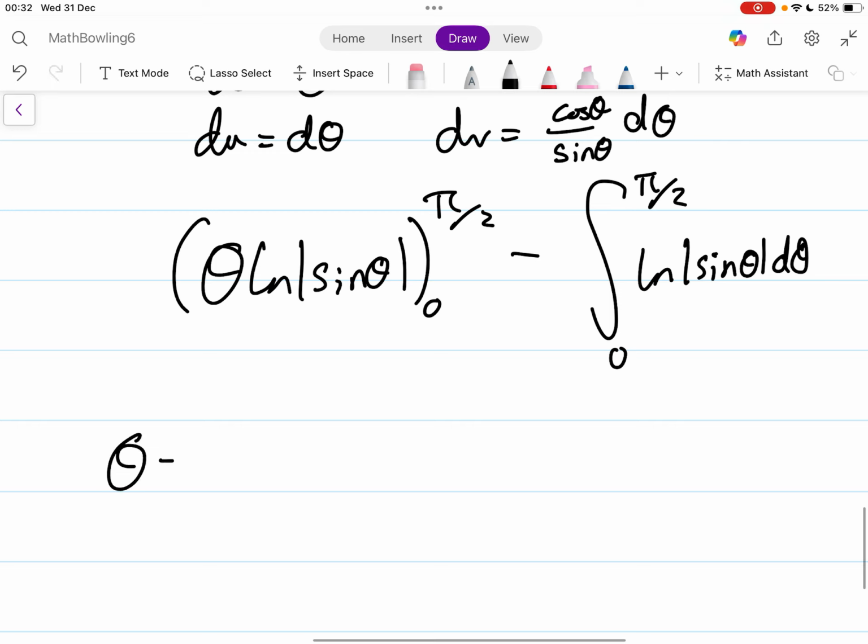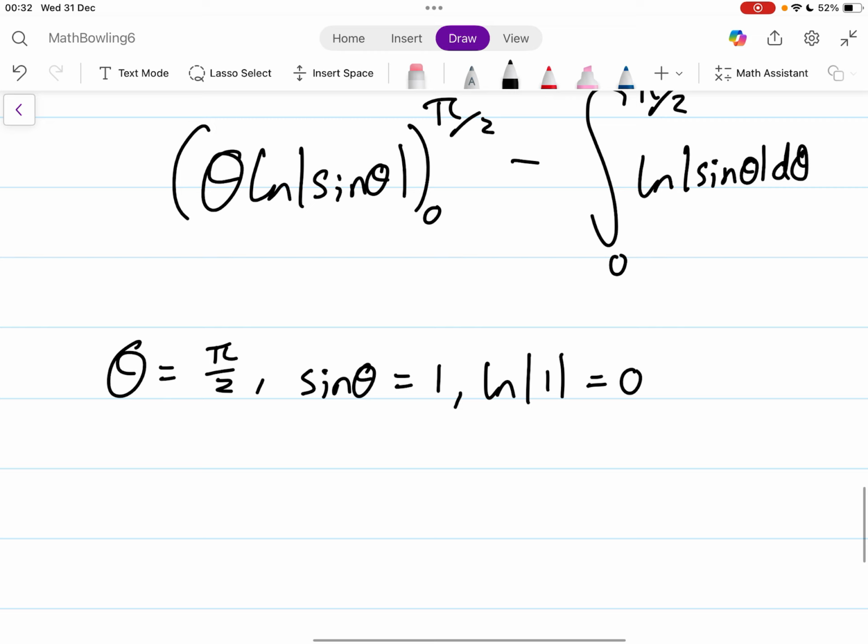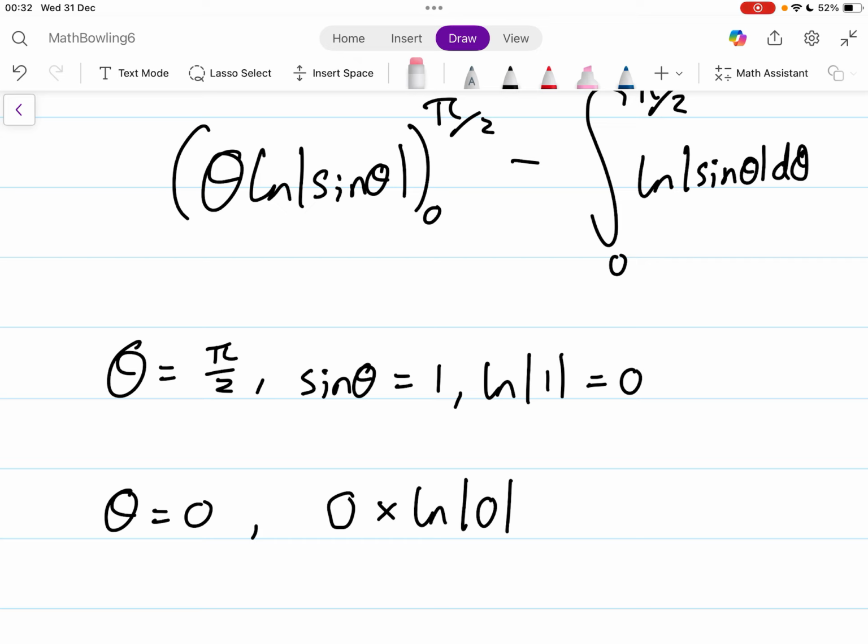When theta equals pi over 2, sine theta equals 1, and ln of 1 is equal to 0, so that's going to be 0 for the first bit. When theta equals 0, we've essentially got 0 times ln of 0, which approaches negative infinity.